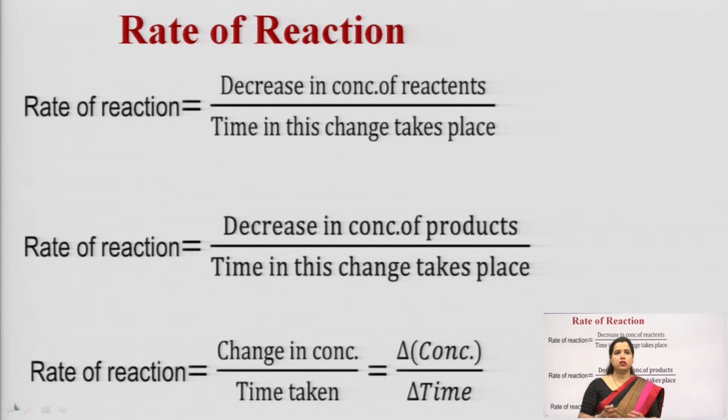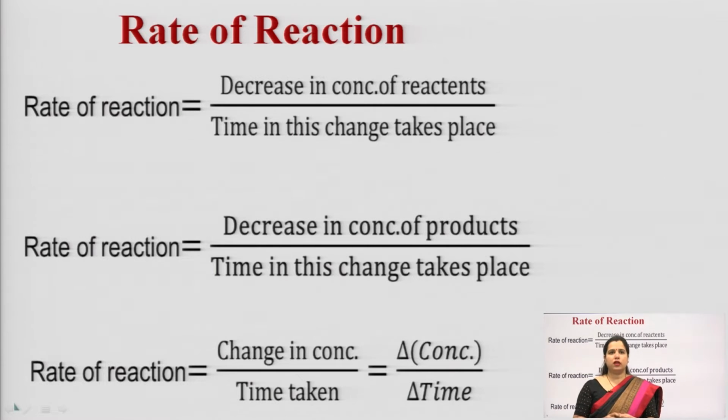So, rate of reaction can be analyzed using a formula: decrease in concentration of reactants divided by the time in which this change takes place. When we talk about rate of reaction, we are always talking in terms of time, or the time taken to get the desired product.